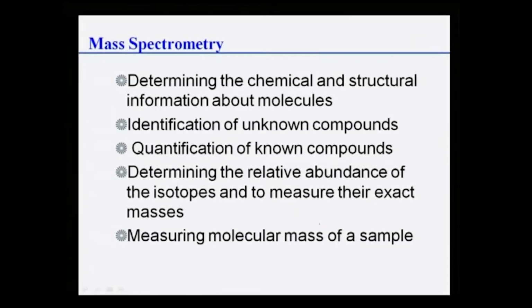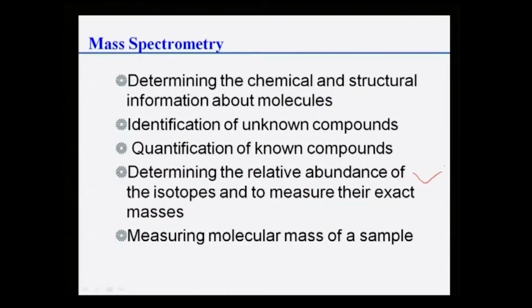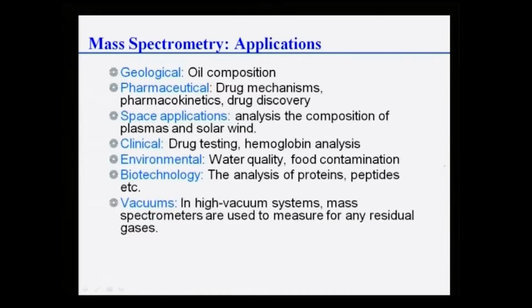It also allows us to quantify known compounds. We can determine the relative abundance of isotopes and measure the exact masses. Remember, it is possible to measure the exact mass of an isotope. Those masses you see reported in the books are basically measured using SIMS. And then it also allows us to measure the molecular mass of any sample, correct.